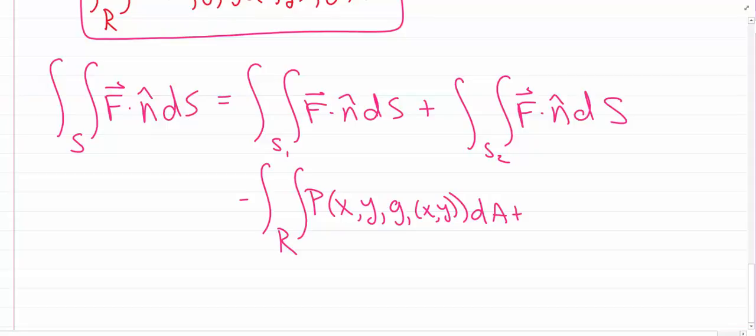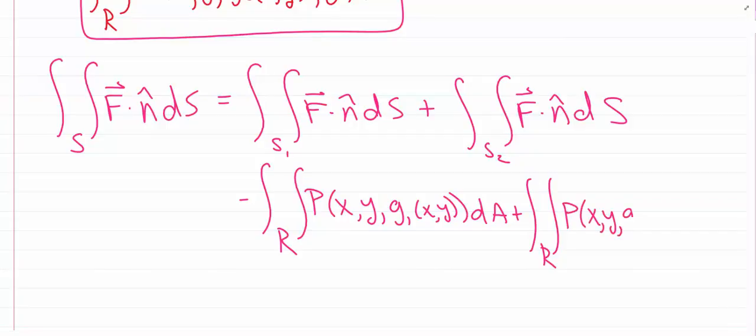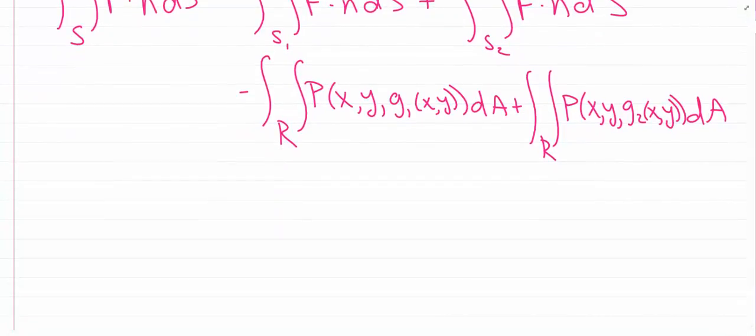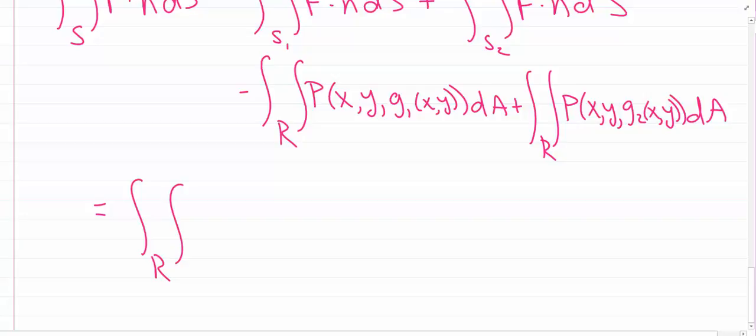Now this one is like it, except it's P of x, y, g2 of xy dA. Look at that. Now, let me put these together. I've got these two integrals. Let me put the negative one second. That's going to be better because that's the way we're used to looking at it.